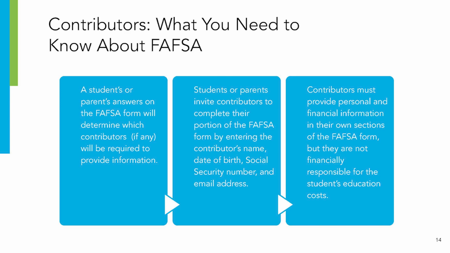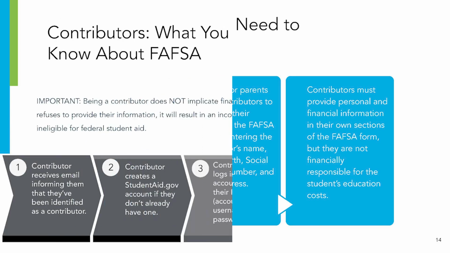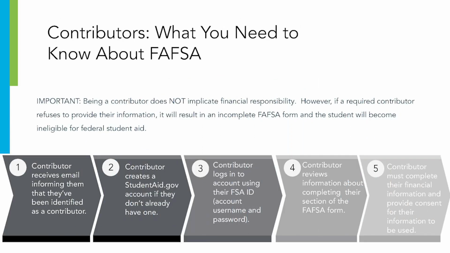Contributors must provide personal and financial information in their own sections of the FAFSA form, but they are not financially responsible for the student's educational cost. Contributors, what do you need to know about the FAFSA process? The contributor will receive an email informing them that they have been identified as a contributor for the student.